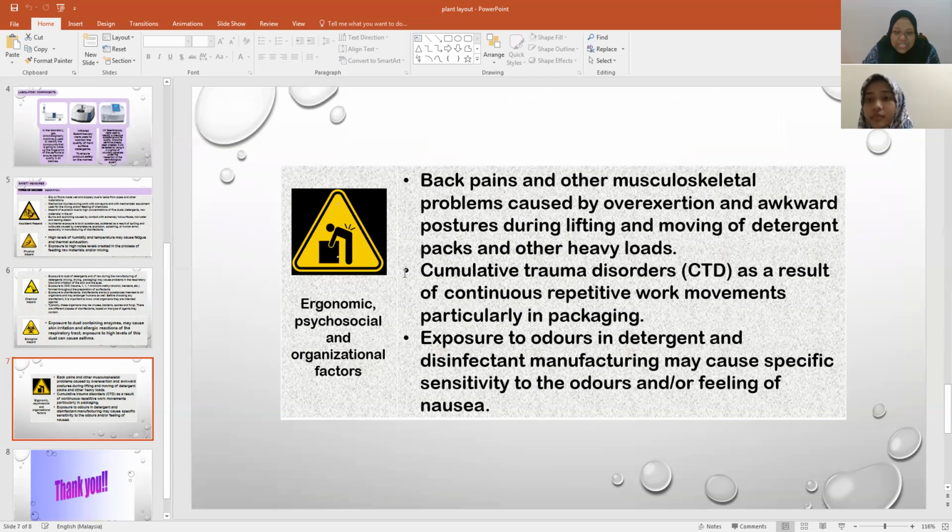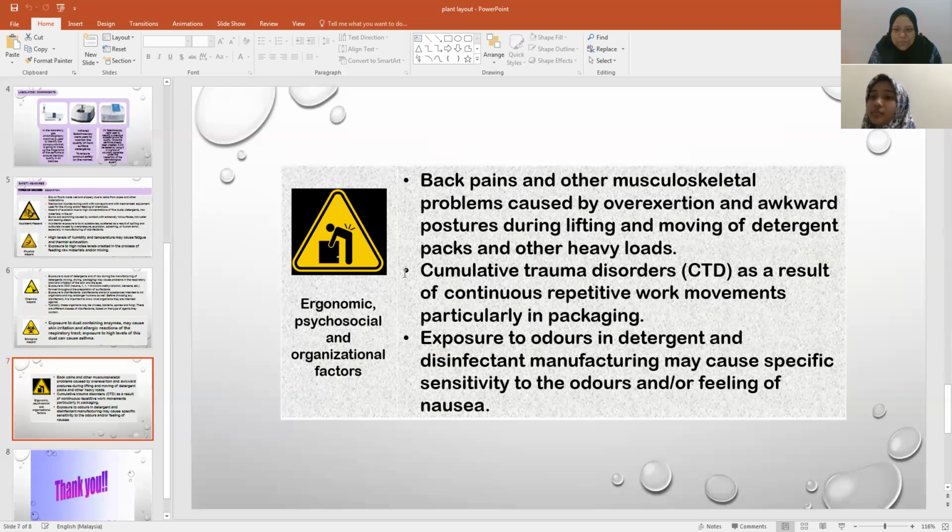hazard which is caused by ergonomic or psychosocial and organizational factors, which is back pain and other musculoskeletal problems caused by overexertion and awkward posture during lifting and moving of detergent packs and other heavy loads.